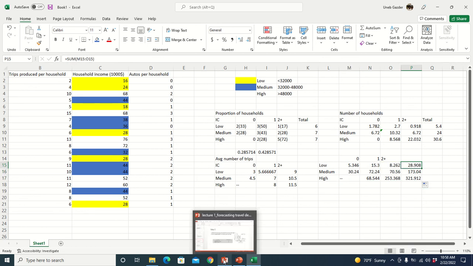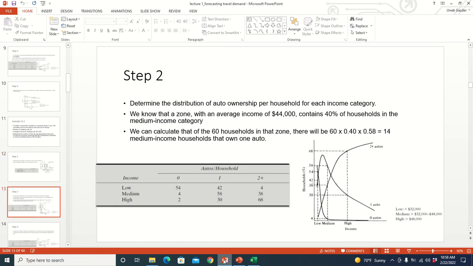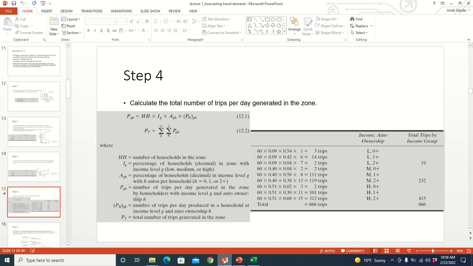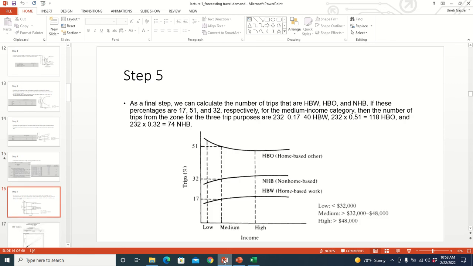After you do that, up till now we have calculated the number of trips generated by each type of household. There's another step which I cannot do completely, but I will just show how it is done. They did another survey. In that survey they found the trips for each type belonging to each income category.